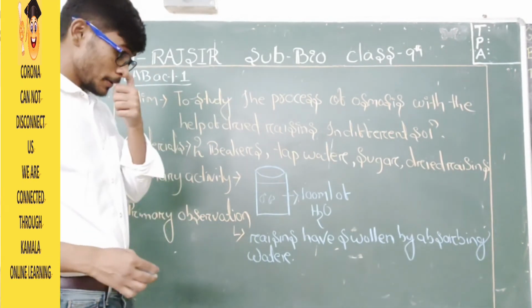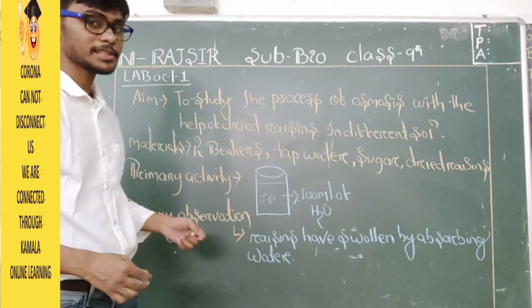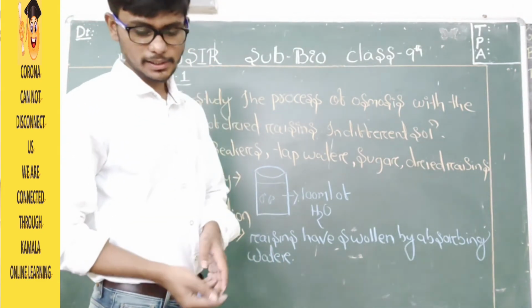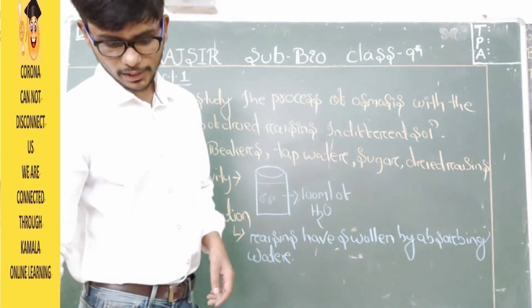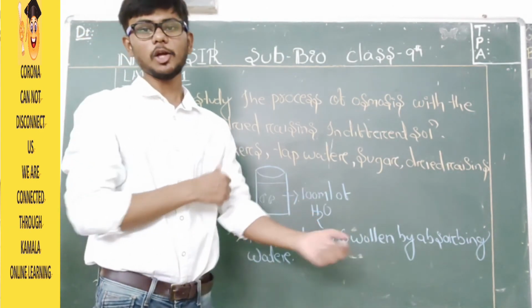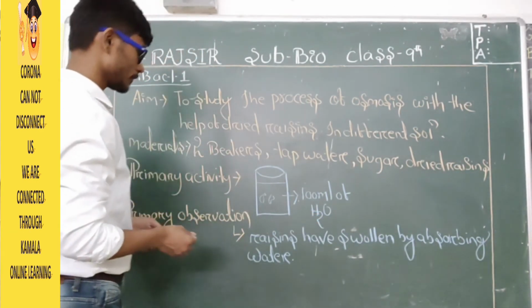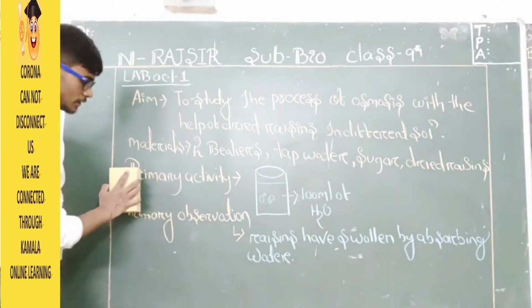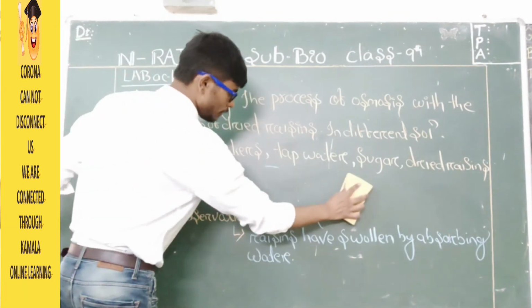Now, what will we do? Now we will see another experiment, the second activity. For the final activity, we will take 100 ml of saturated sugar solution. Let me erase this. See, primary activity is done. Now we will do the final activity.